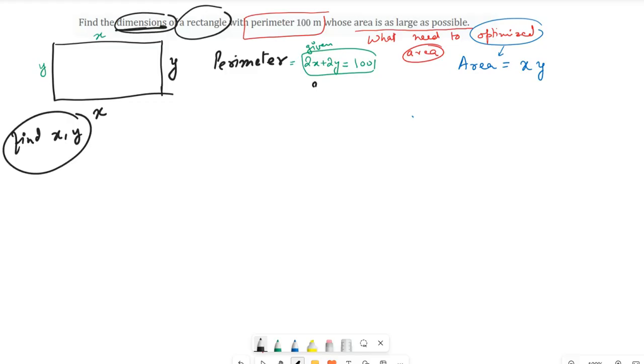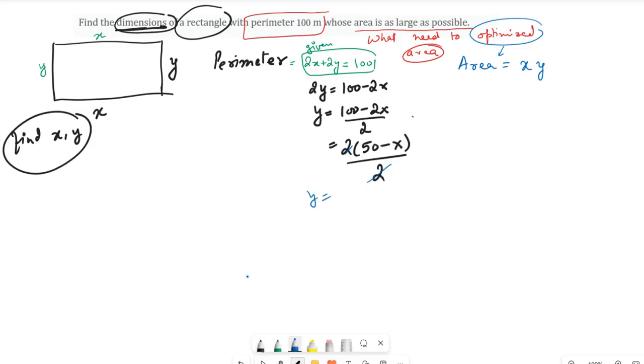We are going to find y from here. 2y is equal to 100 minus 2x. y is equal to (100 minus 2x) by 2. Okay, so that means I can factor 2 from the numerator. When I'm factoring 2 out of the numerator, it will be (50 minus x) divided by 2. The 2s get cancelled.